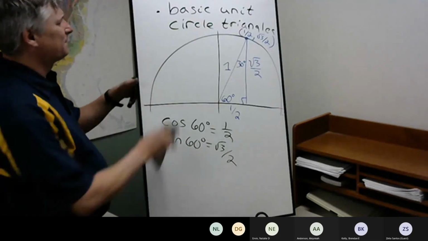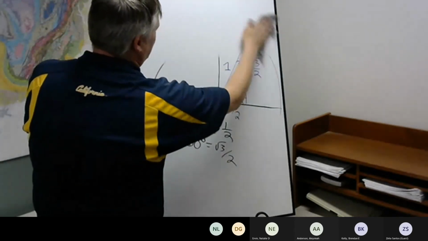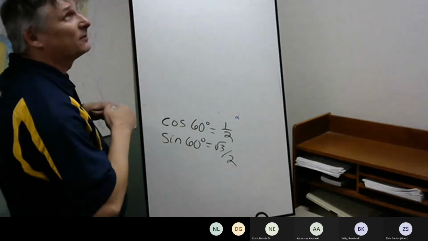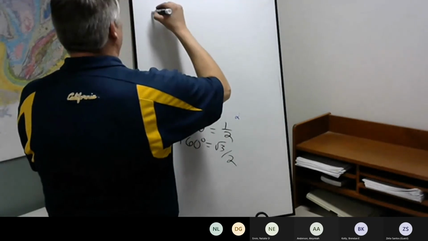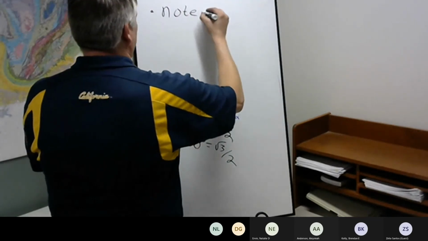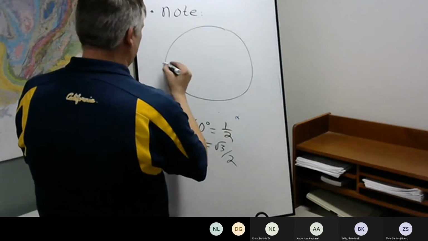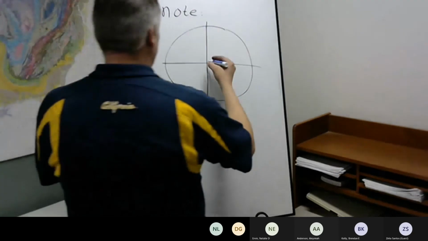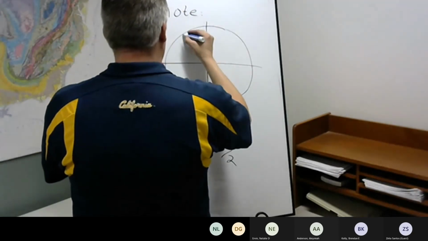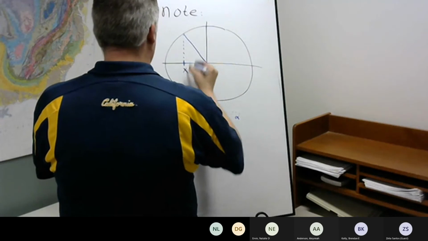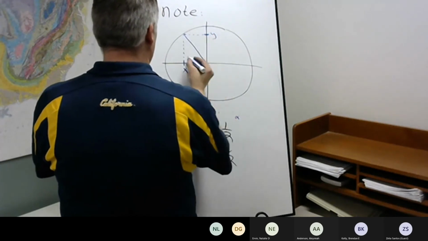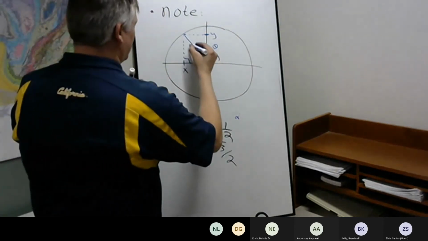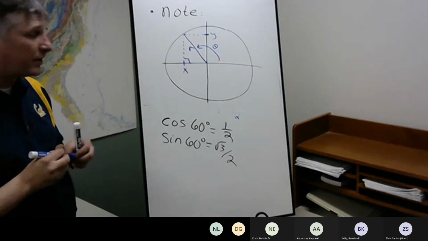Last thing I do want to mention, and it's something from near the beginning of this section on angles, really the functions part. And this is our r, again, the radius on the circle.